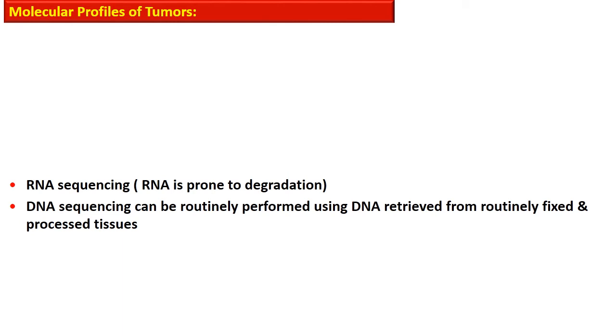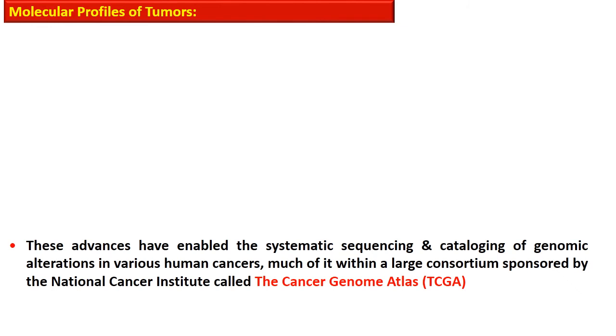DNA sequencing is advantageous because it can be done on routinely fixed and processed tissues such as paraffin embedded formalin fixed tissues. These revelations and advancements led to the sequencing and cataloging of all the human cancers.